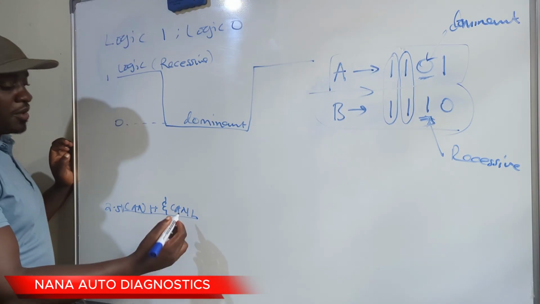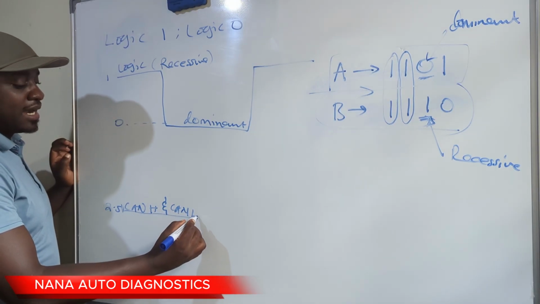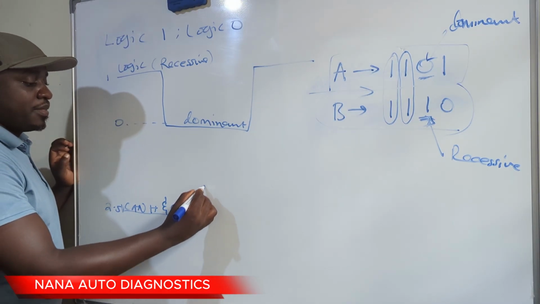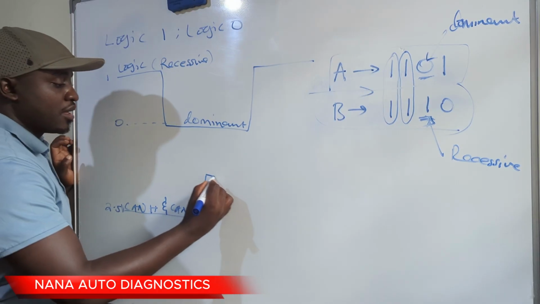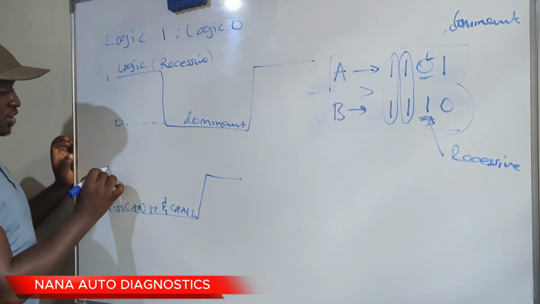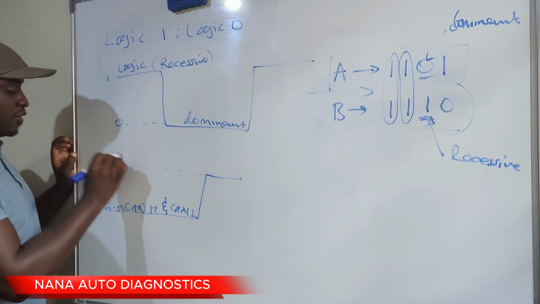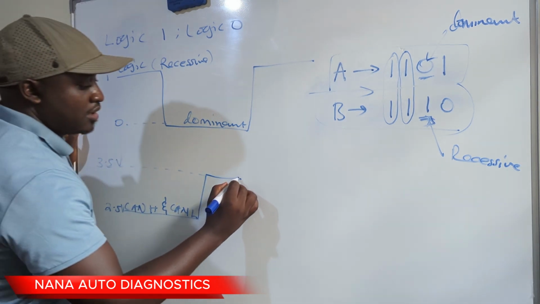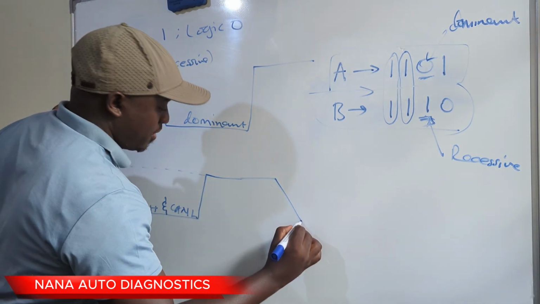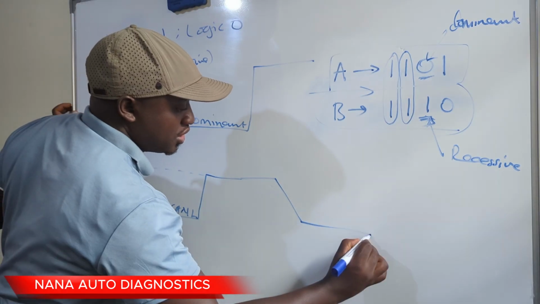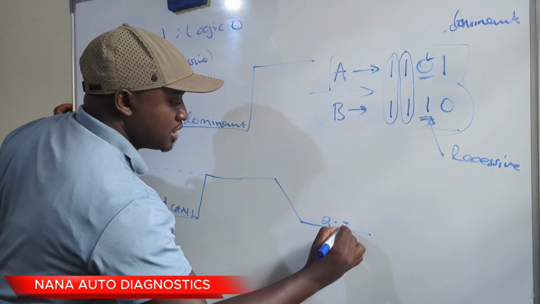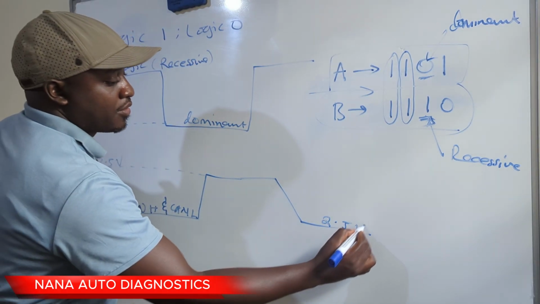Now whenever we have communication on the bus, CAN high rises to a voltage of 3.5 volts and then drops down to a voltage of 2.5 volts.